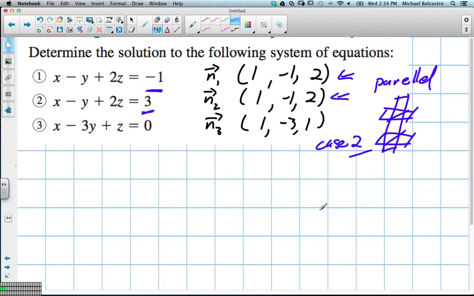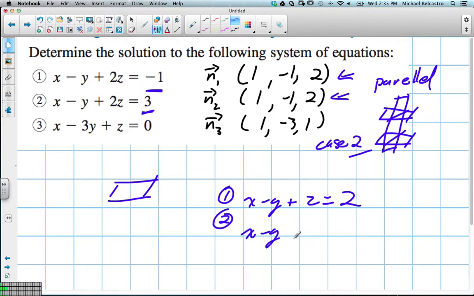In the following case after that, we would have coincident ones, so we'd find a scalar multiple of one, and one that's not right. An idea of that, I'll make one up very quickly. If we had x minus y plus z equals 2, equation 1. Equation 2, x minus y plus z equals 2. And 3, x minus y plus z equals 3.